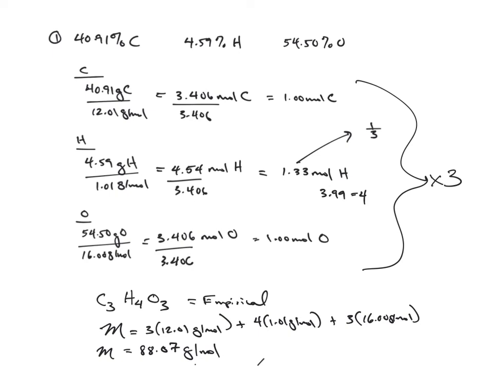I'm going to move this on to the next slide because I'm out of room here. So I've got 88.07 grams per mole for the empirical formula. Now I need to take the molar mass of the molecular formula and divide by that. That's given in the problem: 176.14, the third thing down in the problem.